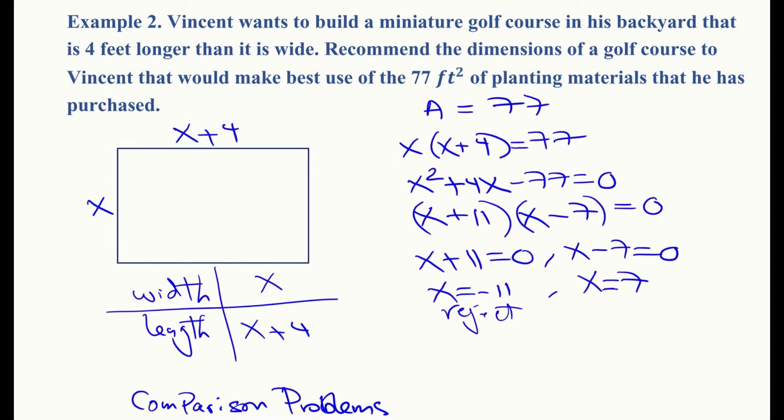So now look, that's why I created this table here. Now you can just go in here. You know what x is? x is 7. So length is going to be 7 plus 4, which is 11. So the dimensions should be, normally with a rectangle we write length by width.